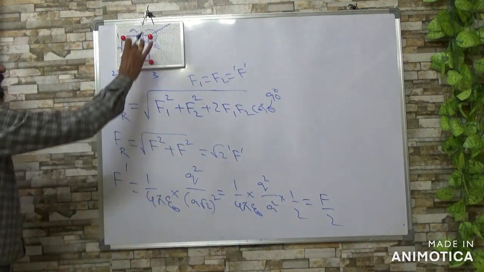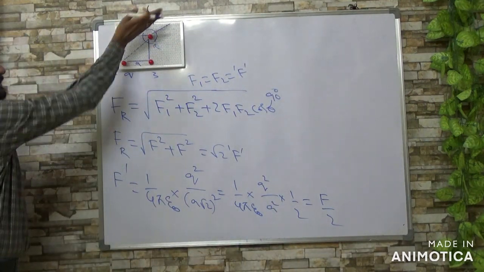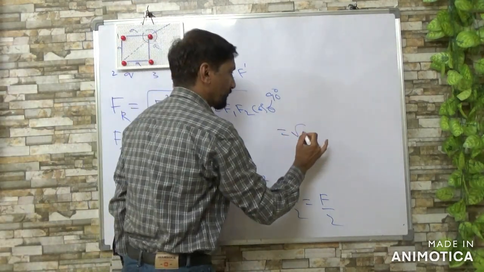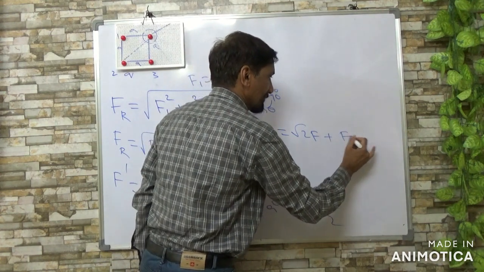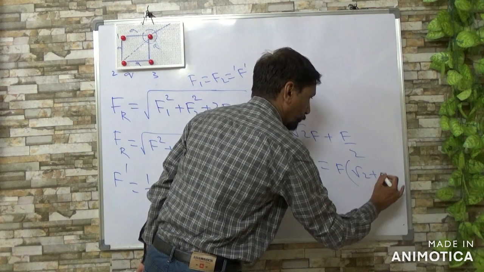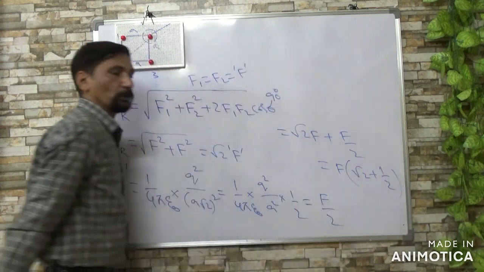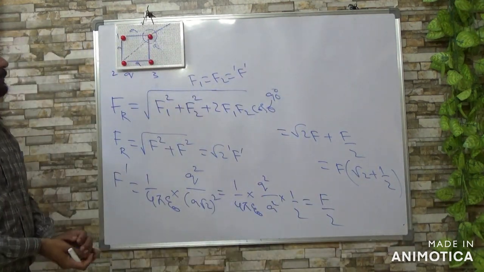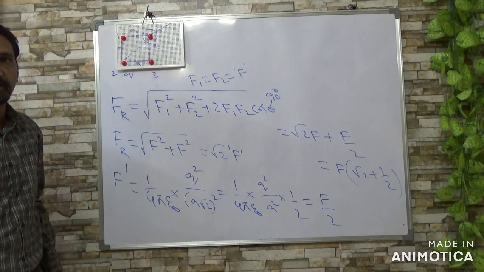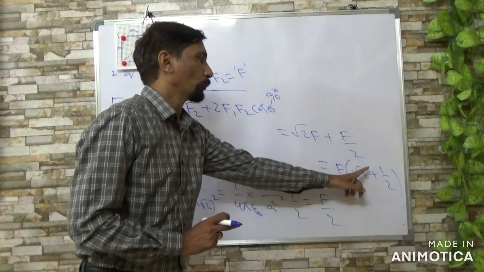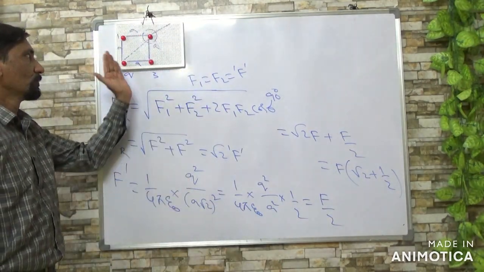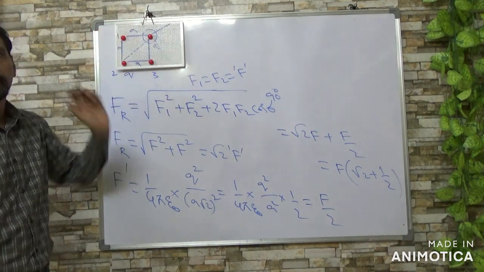Therefore, the resultant force acting on this is root 2 F plus F by 2, nothing but F of root 2 plus 1 by 2. So the resultant force experienced by this due to the other 3 identical charges is root 2 plus half, into F. F means the force between any 2 point charges.